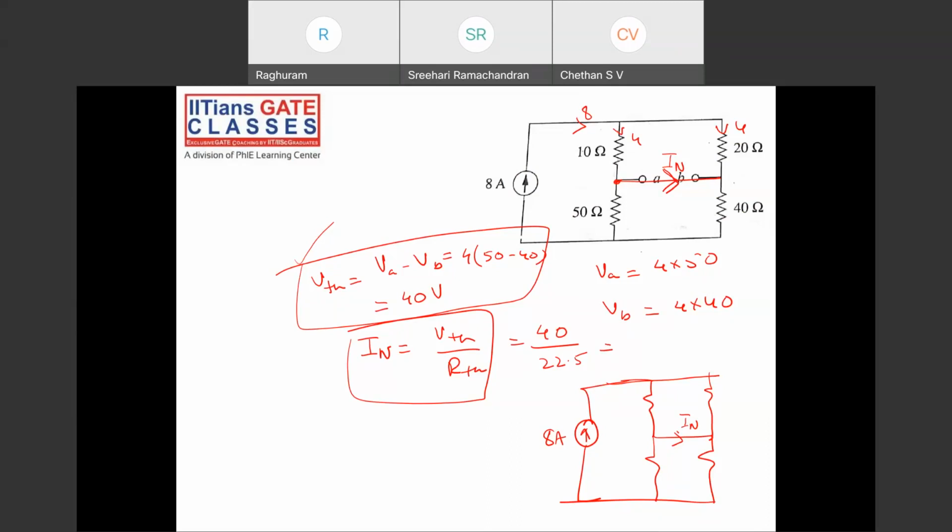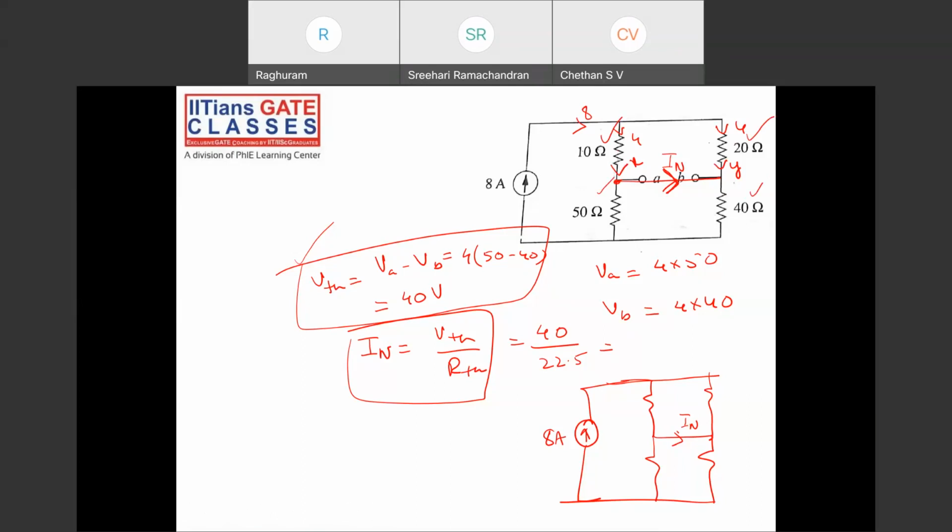See, for example, if there is some current X flowing here, and some current Y flowing there, can you tell me which is IN, 8 minus X or 8 minus Y? X plus Y is 8, right? You can't say it that way. You have to find the current through the 10 ohm resistor, and through the 20 ohm, 50 and 40.